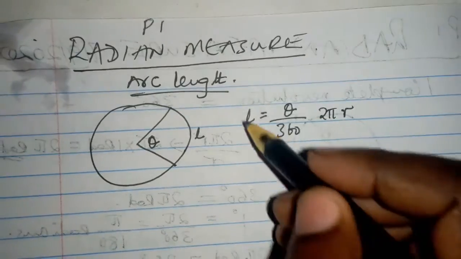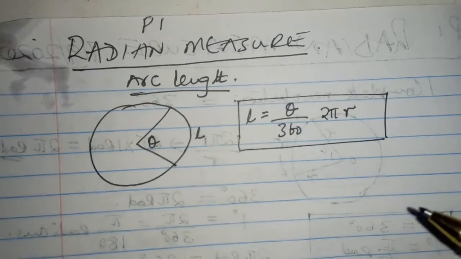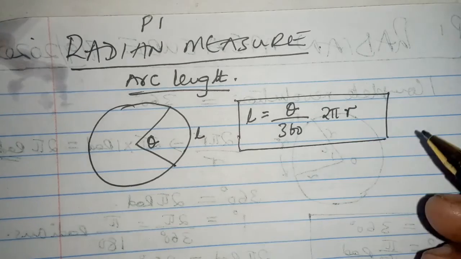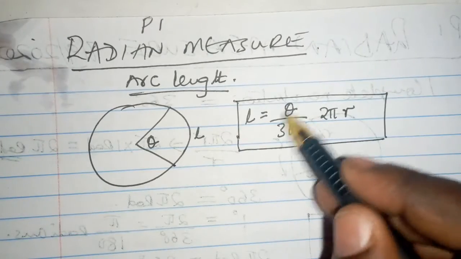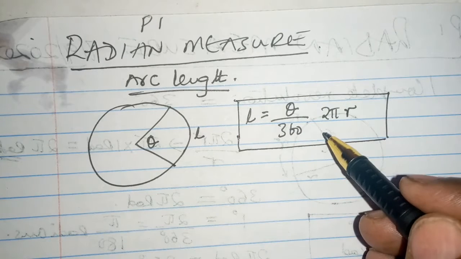This is what we know before we learned how to use the radian measure. It's a fraction of all the 360 degrees of the whole circumference.